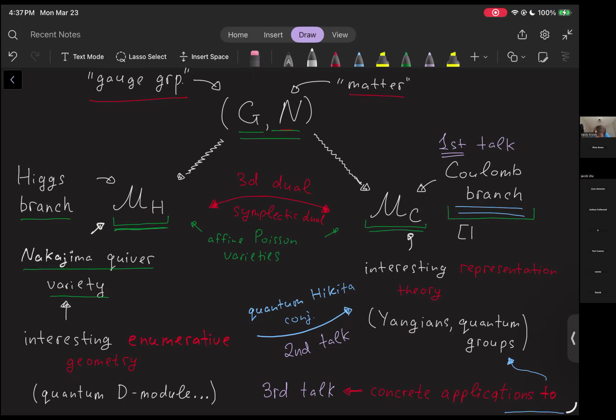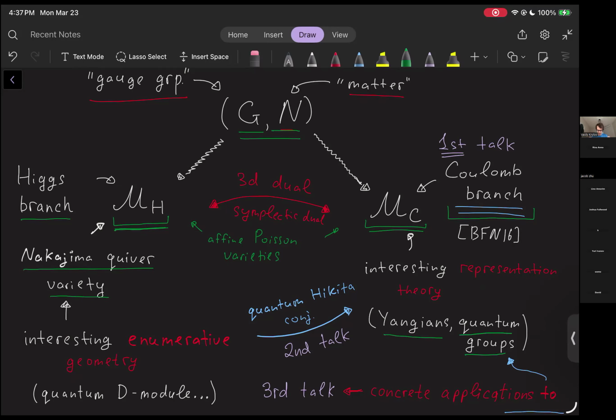They were defined by Braverman, Finkelberg, Nakajima, of course again following predictions of different physicists. And they have a very interesting representation theory. Again, being more careful, I should talk about quantizations of algebras of functions on these Coulomb branches. This representation theory has to do with Yangians and more general quantum groups.